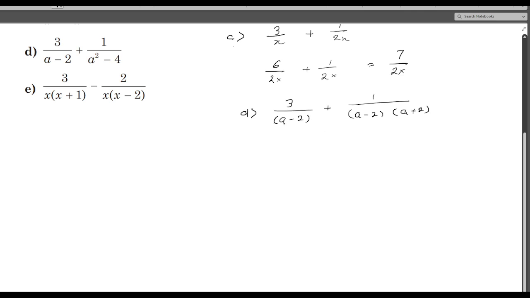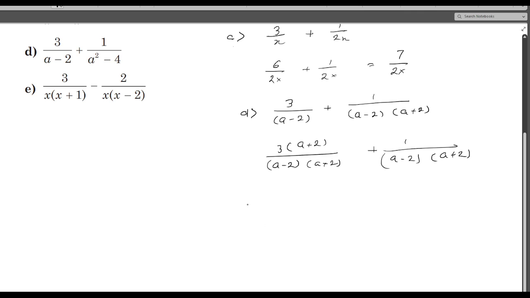Now on the left hand side we have a minus 2, on the right hand side we have a minus 2 times a plus 1. I will make the denominator same. So for that, this 3 is multiplied by a plus 2, and your denominator becomes a minus 2 times a plus 2, and this is plus 1 divided by a minus 2 times a plus 2.